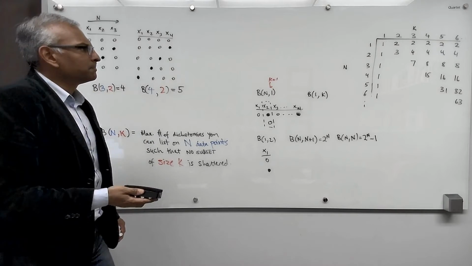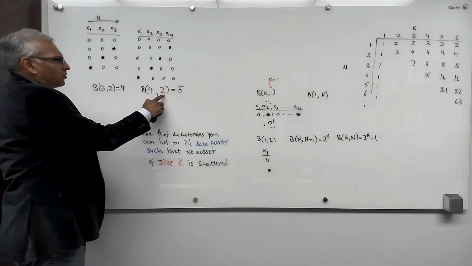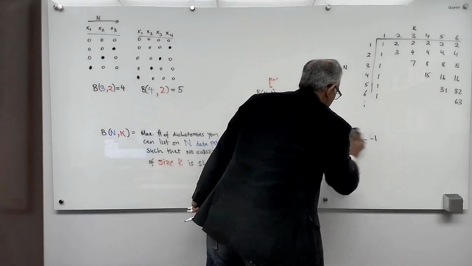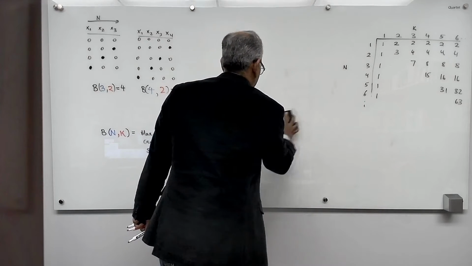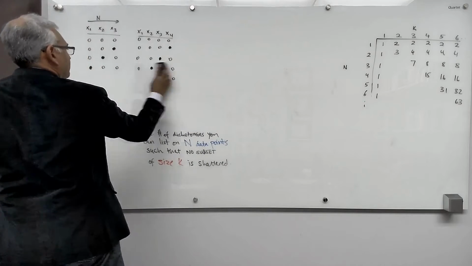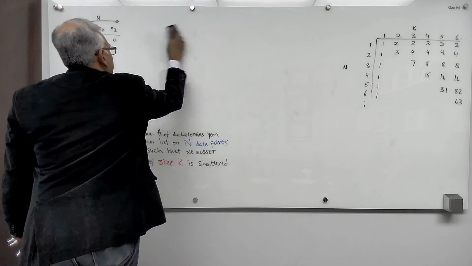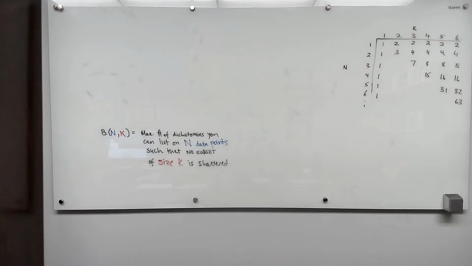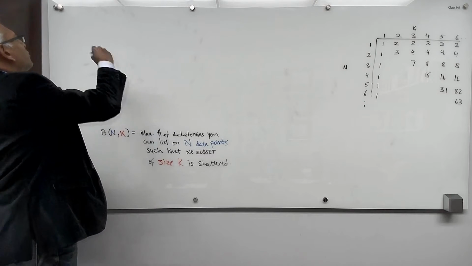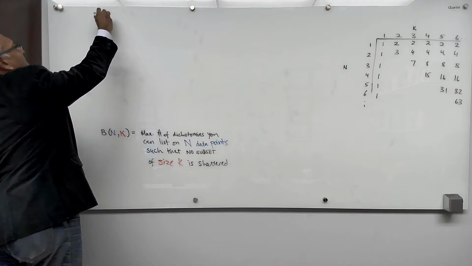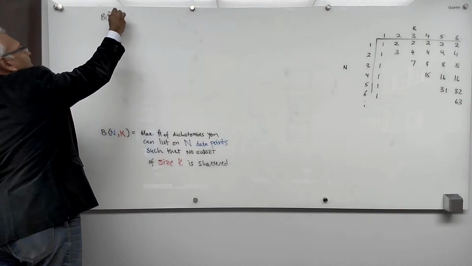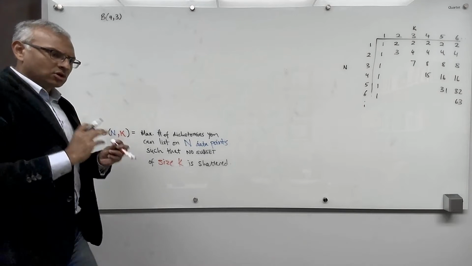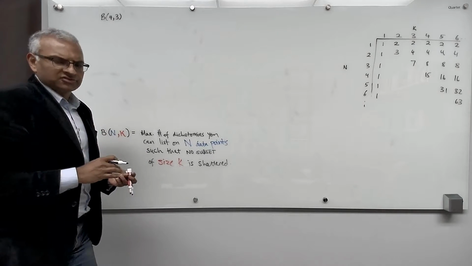So let's try to compute now. We've computed B of 4 and 2. Let's try to compute B of 4 and 3. So we have 4 data points, and we're not allowed to shatter any subset of size 3.